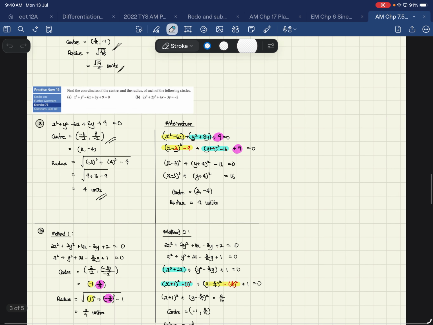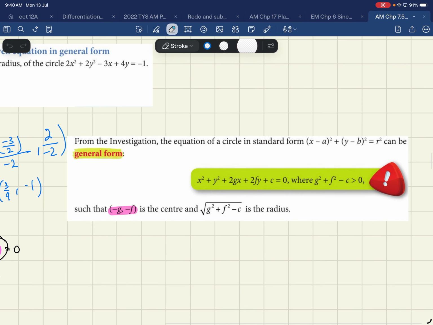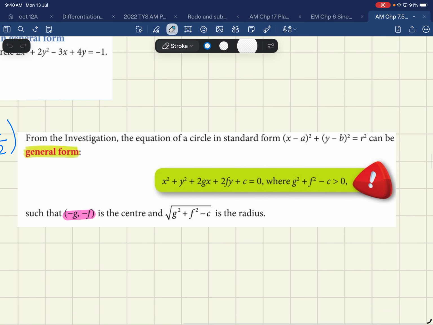So today, we're going to continue and talk about the general form. Now, the general form of the circle's equation is obtained by actually expanding the standard form. Right? We expand the equation from standard form over here using your algebraic identity, right?